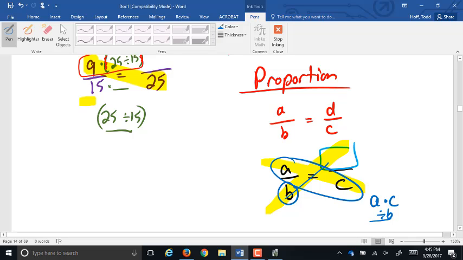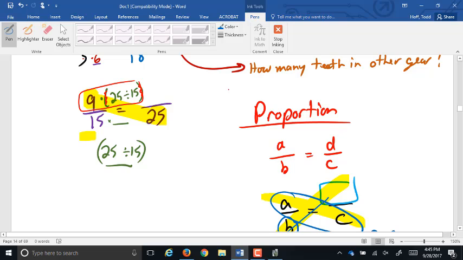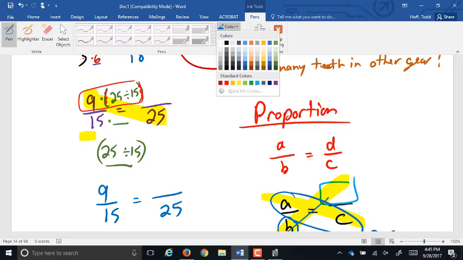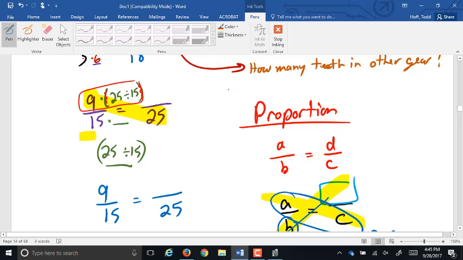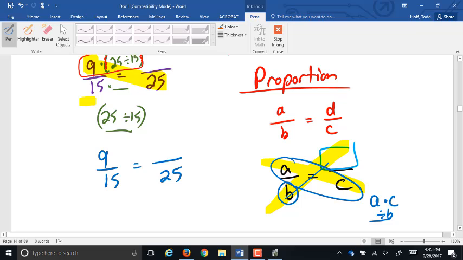Now let's go back to this one up here and actually do it with numbers. In this proportion, again, we have two fractions that are equal to each other. What two numbers are on the same diagonal? 9 and 25. We're going to multiply them. 9 times 25 is 225.